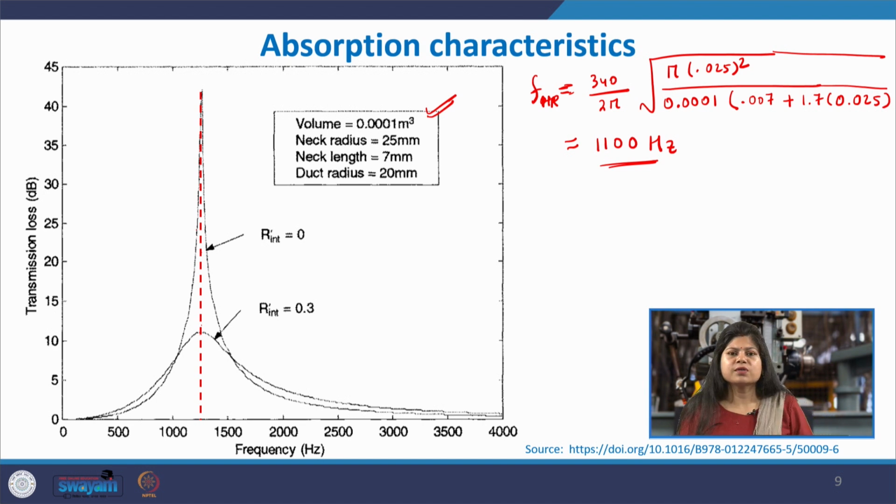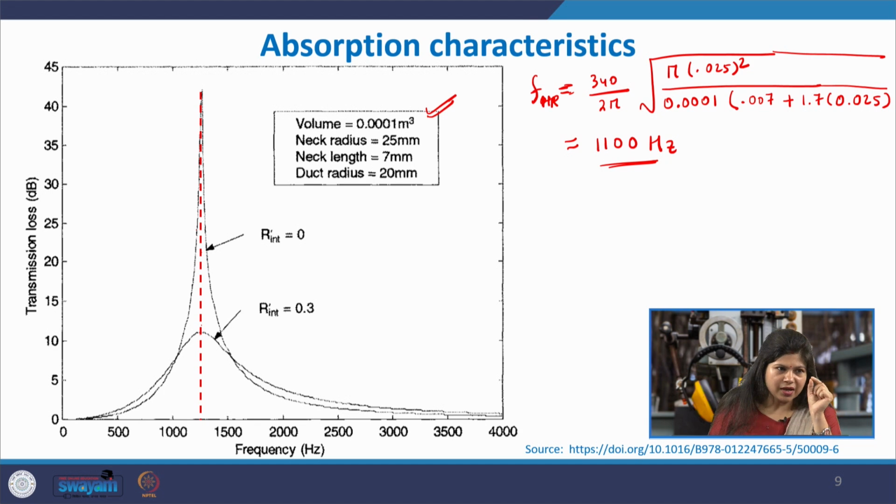Okay. So, suppose from this the first guess you can make is that where can we use this resonator? Suppose that we have certain machinery which has some kind of a rotating component, and it creates the sounds corresponding to the rotational frequency of that component. So, in that particular frequency and its harmonics, we are getting peaks in the sound wave of the machinery.